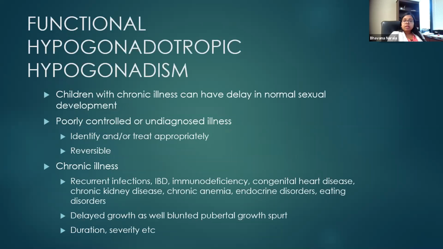Okay. All right. So what about functional hypogonadotropic hypogonadism? So these are the children with chronic illness that have a delay in normal sexual development, right? They're poorly controlled either due to their underlying illness or they have an undiagnosed illness. So if you identify and treat appropriately, usually this is reversible.